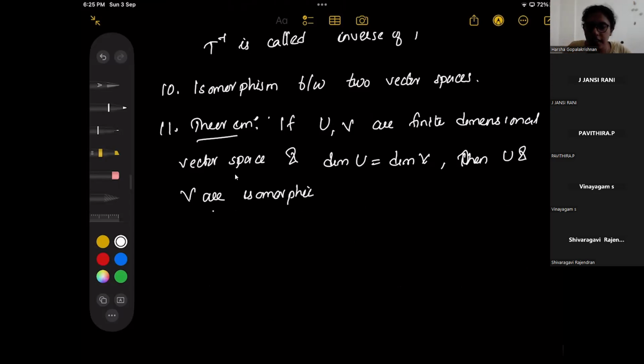Is this clear? The only thing we are saying is, if U and V are finite dimensional and both the dimensions are the same, then U and V are isomorphic.